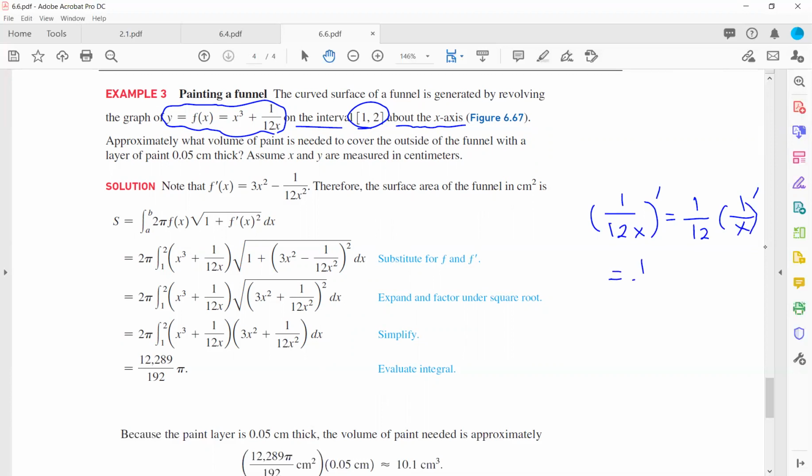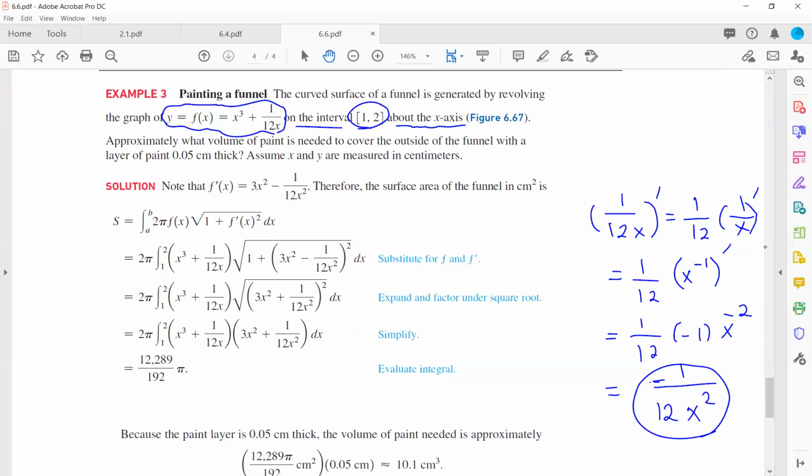Here you have x to negative 1, the derivative, or you can apply quotient rule. You get 1 over 12, negative 1, x to minus 2. So if you simplify this, you get negative 1 over 12 x squared. So 3x squared minus 1 over 12x squared, and we have to raise this to the second power.